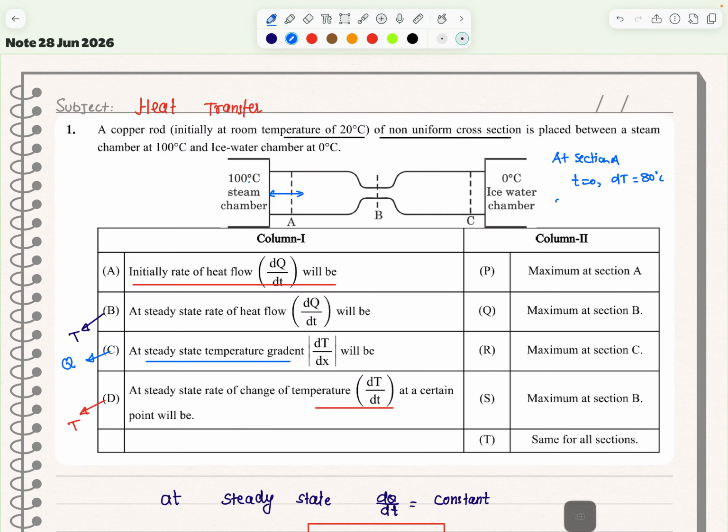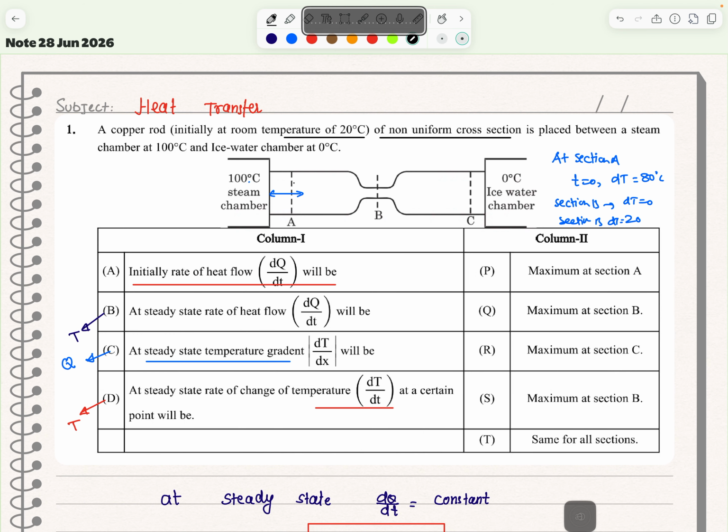Similarly, at section B, it is almost 0, dT equals 0. At section C, it is 20 minus 0, that is 20. Wherever dT is more, the rate of heat transfer will be more, so there is a faster rate of heat transfer there.